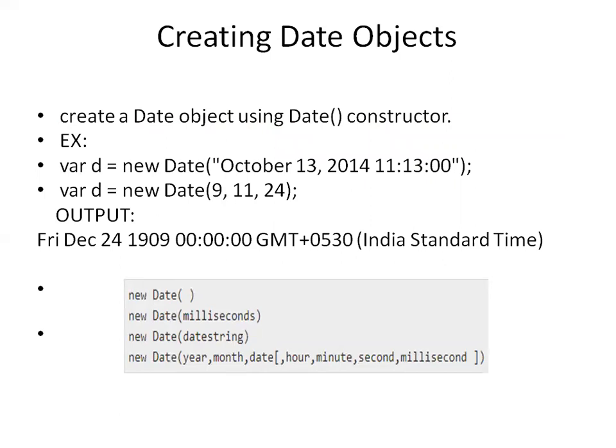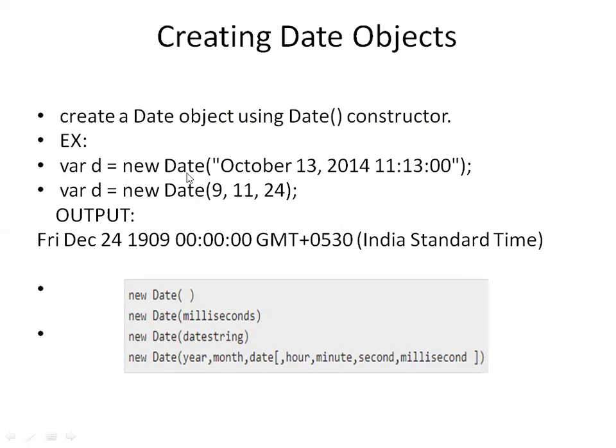Let me show some examples for creating date objects. Take the first one, where d is equal to new Date("October 13, 2014 11:13:00"). We can say this is a single argument.